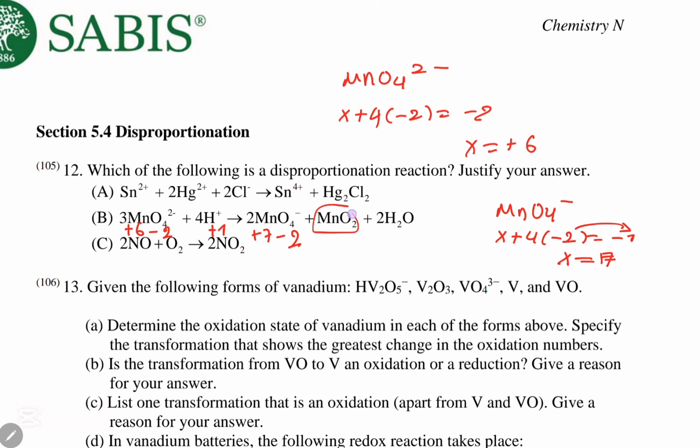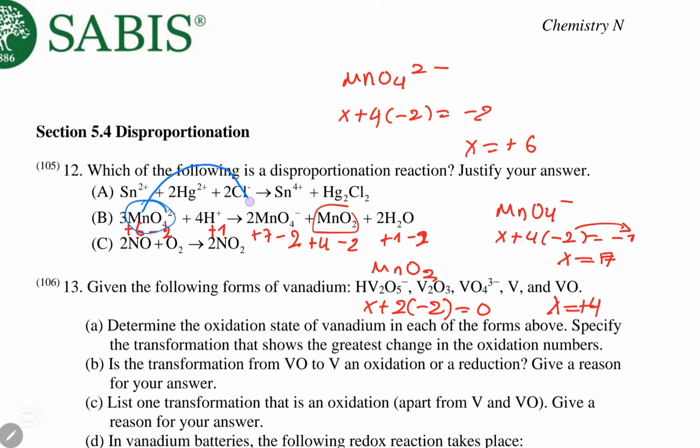And then MnO2: X plus 2 times -2 is equal to 0. So X is going to be equal to +4. So +4, -2, and then here this is going to be +1 and -2. Okay? So look at the Mn. This is the only thing on the reactant side that has Mn.